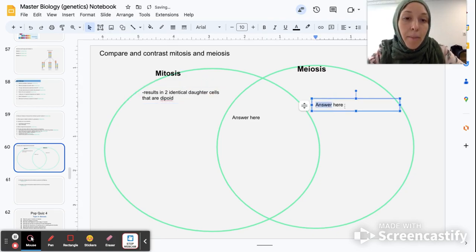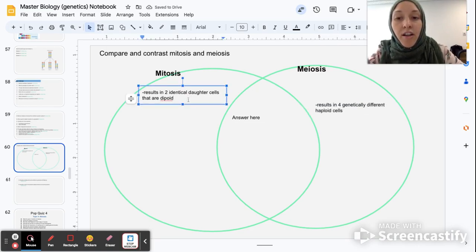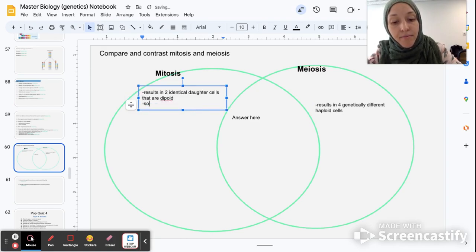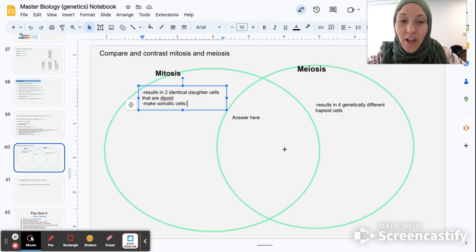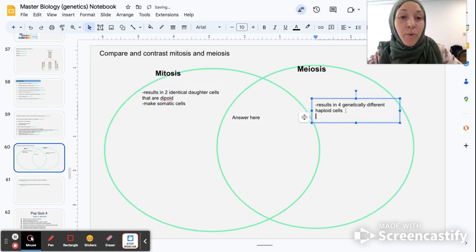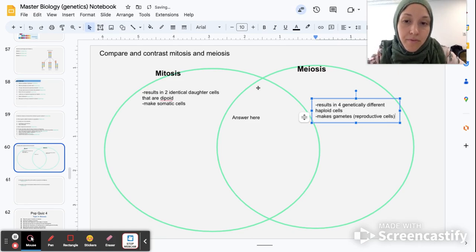Whereas meiosis results in 4 genetically different haploid cells. Mitosis makes somatic cells, which remember are our tissue cells, muscle cells, liver cells. Whereas in meiosis, we are making gametes, which are reproductive cells.